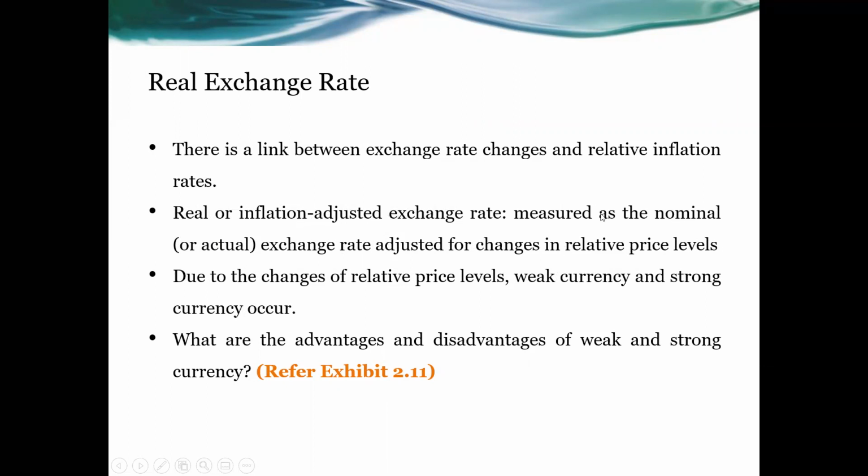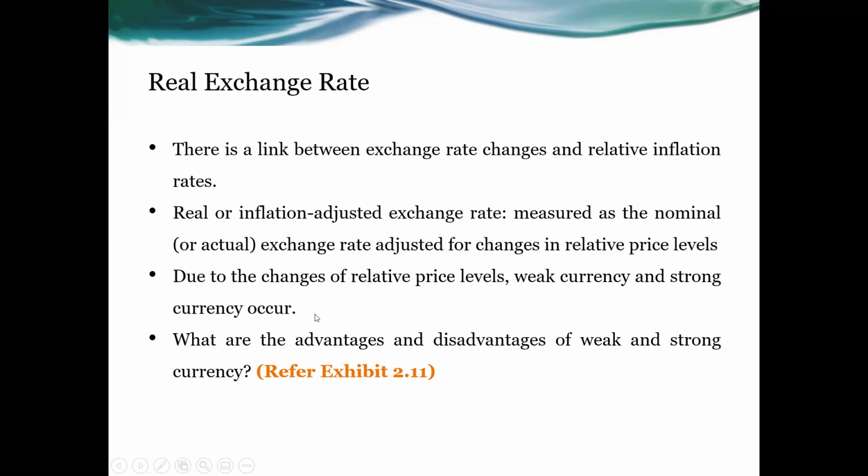So we can take it as a nominal exchange rate or spot exchange rate, adjusted for the changes in relative price levels. That means inflation rates. Due to the changes of relative price level, weak currency or strong currency occurs.